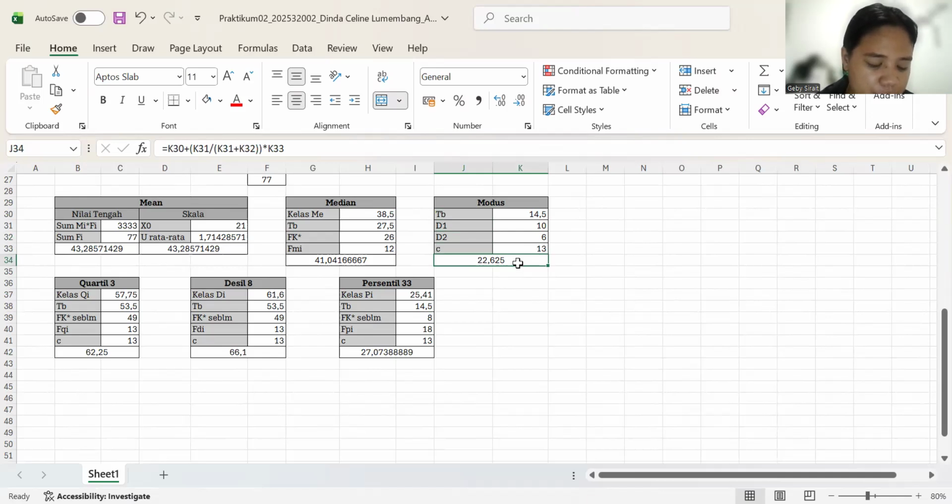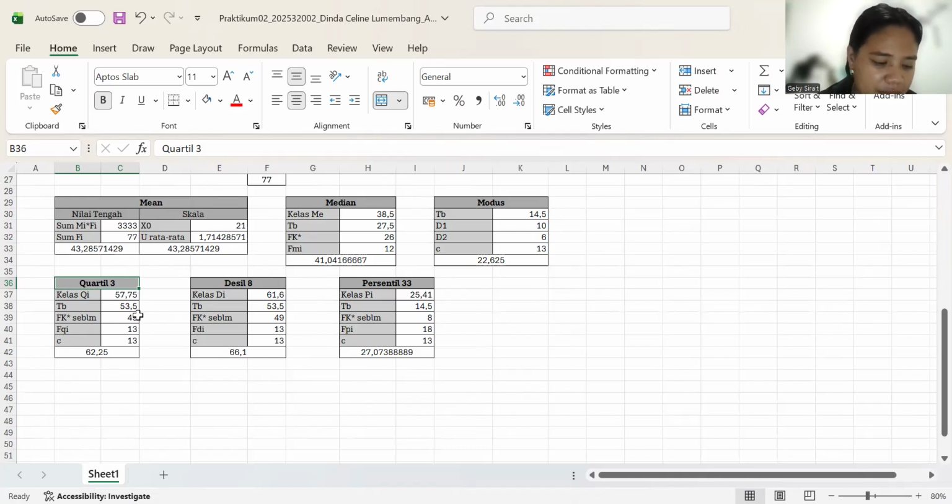Measures of position. Third quartile. To determine the third quartile, we first determine the quartile class location by multiplying three quarters by the total number of data, 3/4 times n.